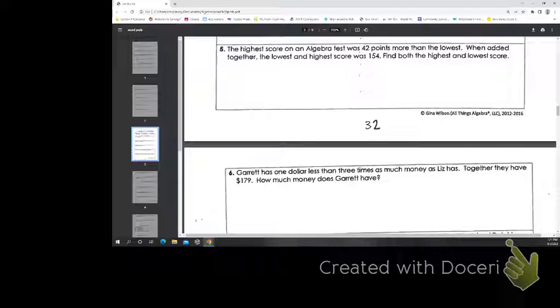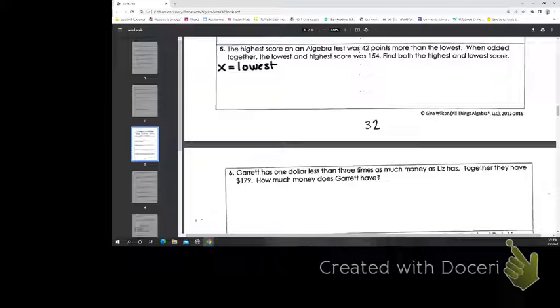And so this one says the highest score on the algebra test. So we're looking for highest and lowest score. So we did like x is the smallest. Well, smallest would definitely be the lowest score. So I'm going to let x be the lowest.